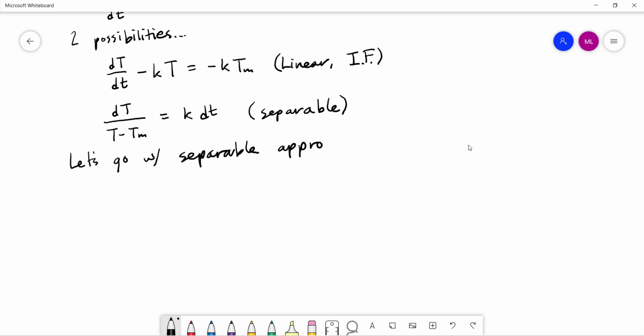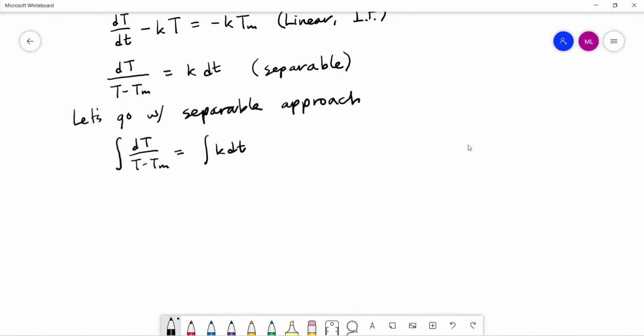If we're doing the separable approach, all that I'll need to do is integrate both the left and right-hand sides. And when we do that, on the left-hand side, we would have to do a small u substitution.